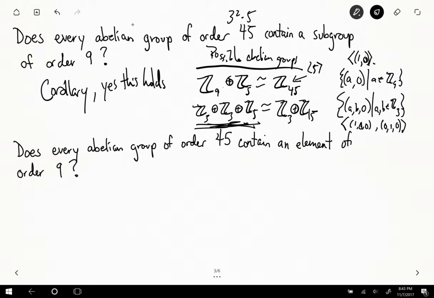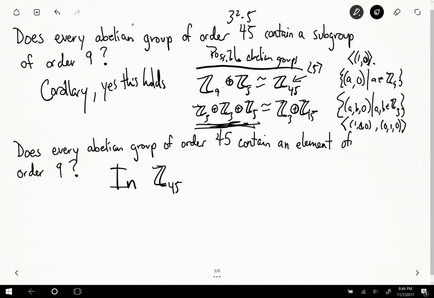Now, does every abelian group of order 45 contain an element of order 9? That's a totally different question. In the first case, notice in Z45, we had that element 5 there, right?